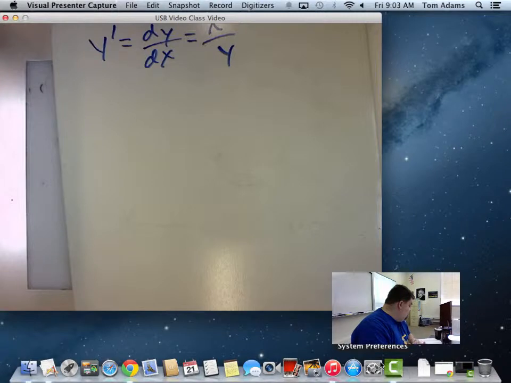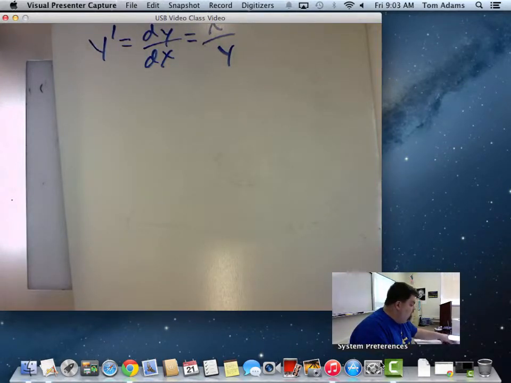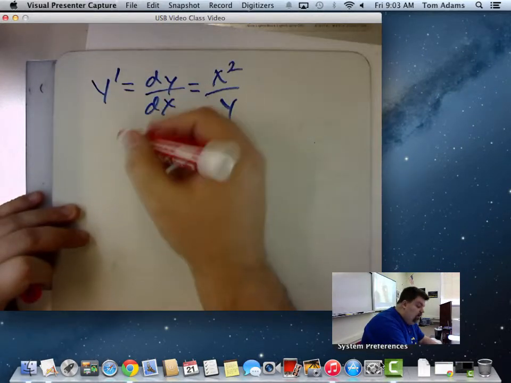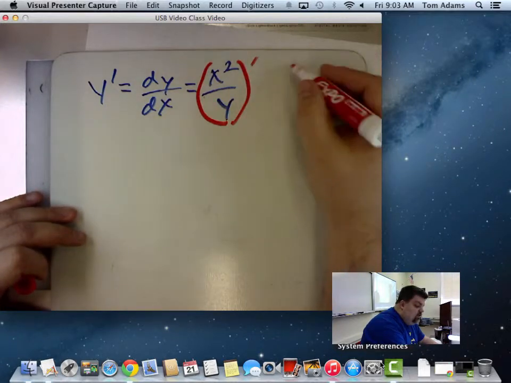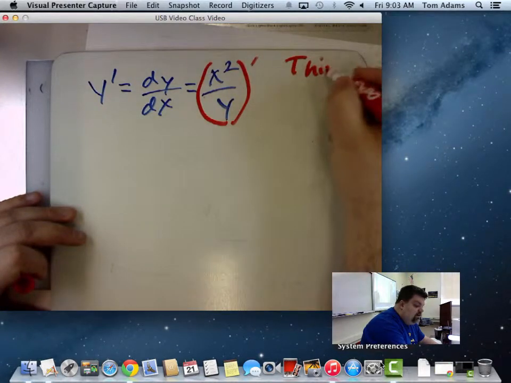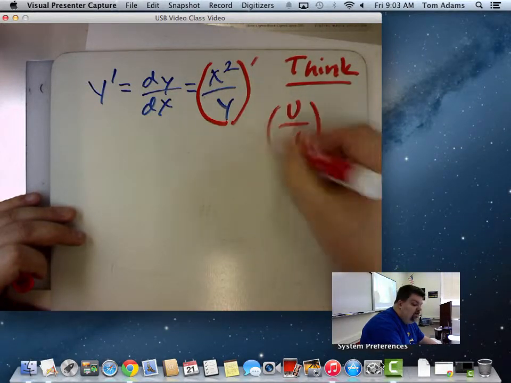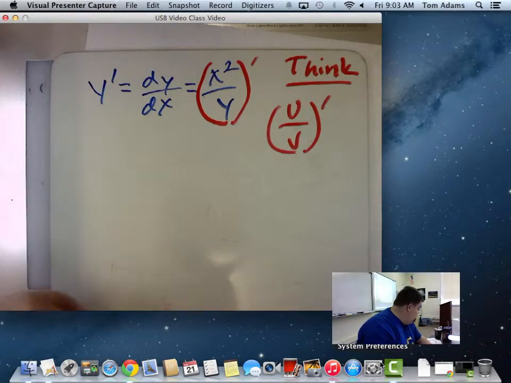Well, we wanted y double prime. So now to find y double prime, I just have to take the derivative of this. And to take the derivative of this, I need to think of it like u over v, prime. Well, that's the quotient rule, right?